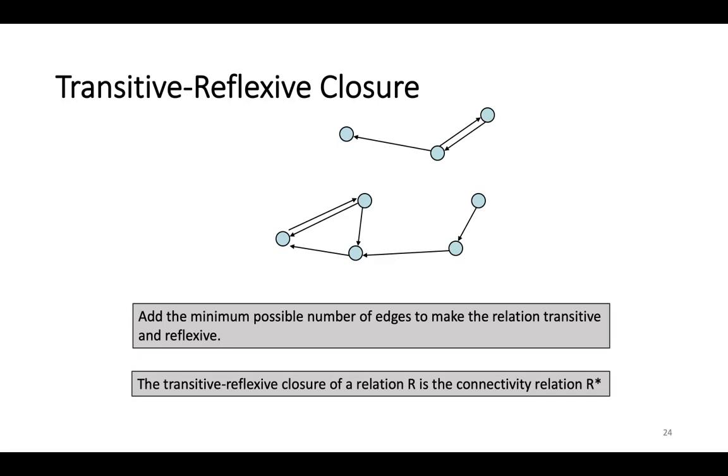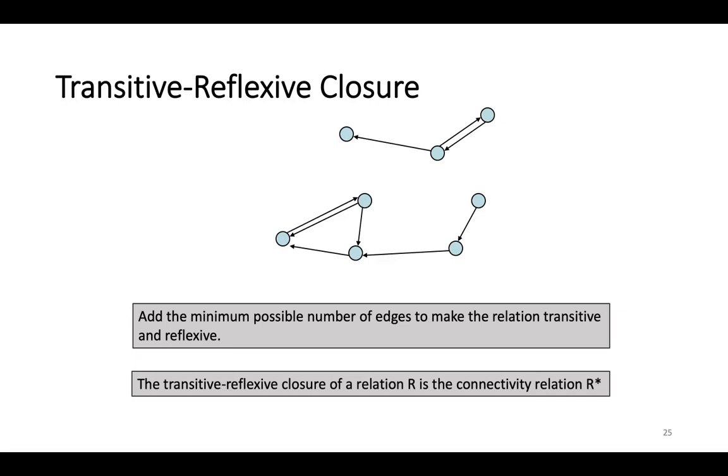But if a relation has those two properties simultaneously, transitive and reflexive, we call this the transitive reflexive closure. So the transitive reflexive closure of your relation is the connectivity relation R star.